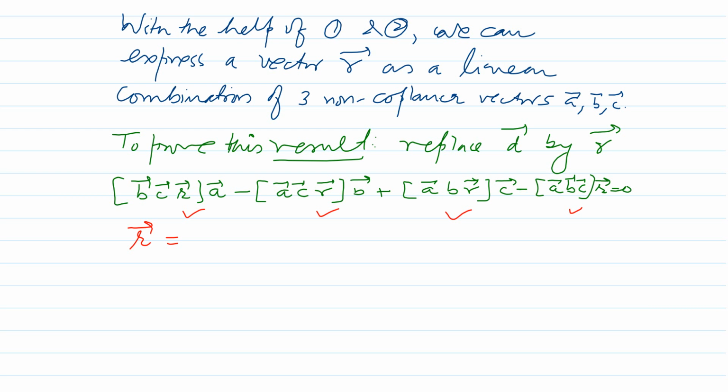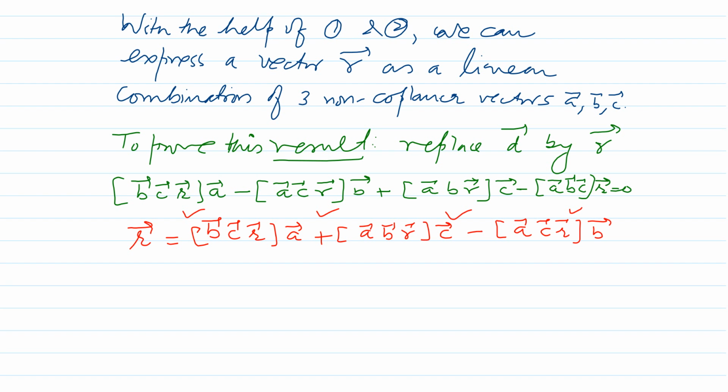So you can have R is equal to BCR multiplied by A, plus ABR multiplied by a vector C, minus ACR, the scalar product of ACR multiplied by B, and then the whole is divided by the scalar triple product of A, B and C.